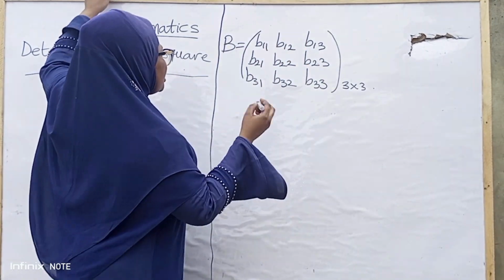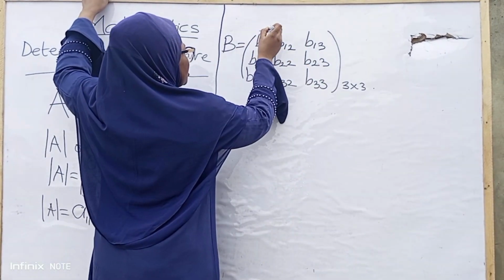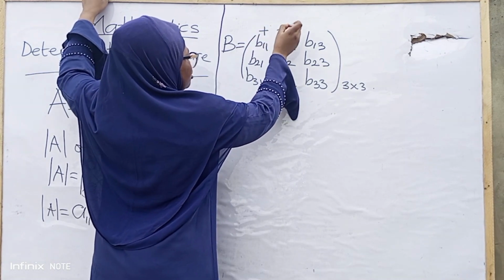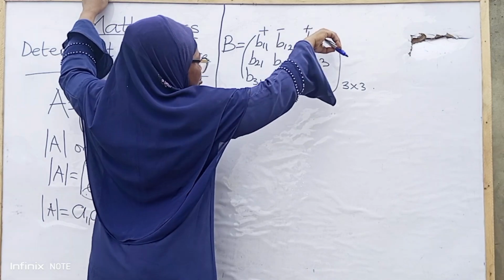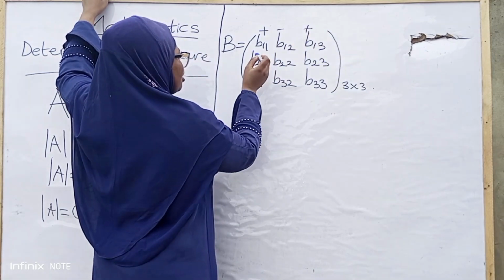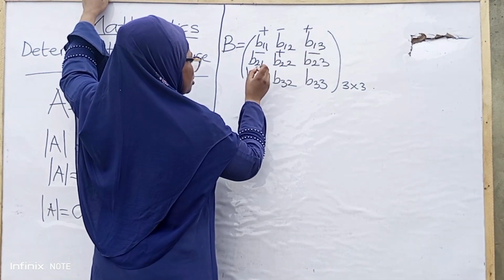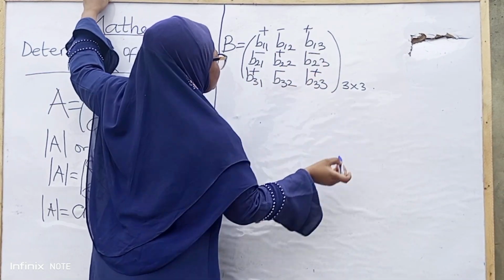The first thing is that you have to give them their signs. We start from plus, followed by minus, plus, then minus if it continues. In the next row we start from minus, plus, minus, plus, minus, plus.